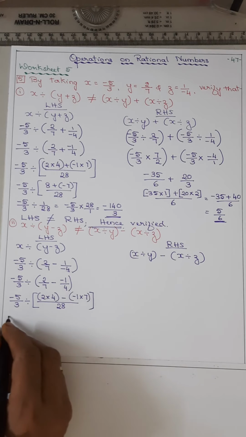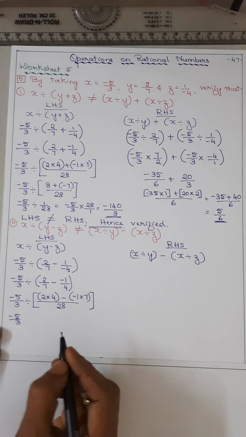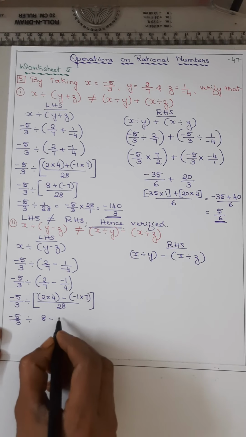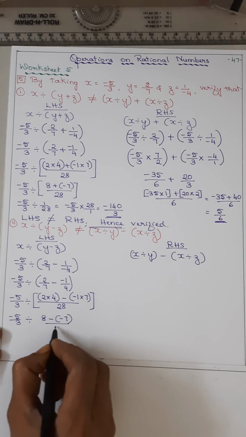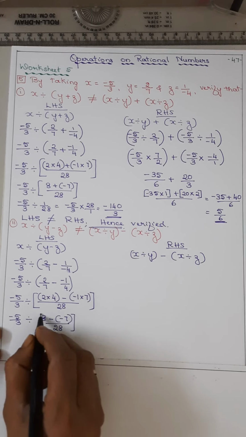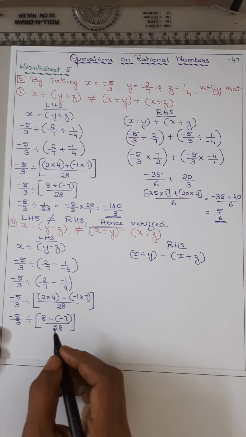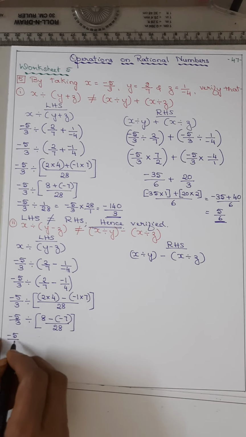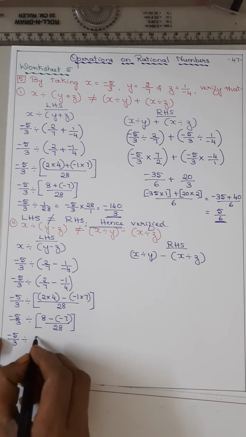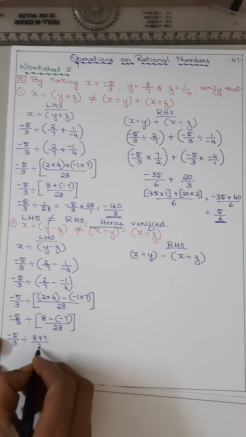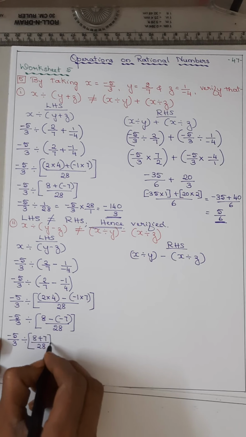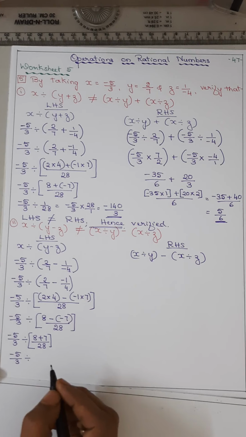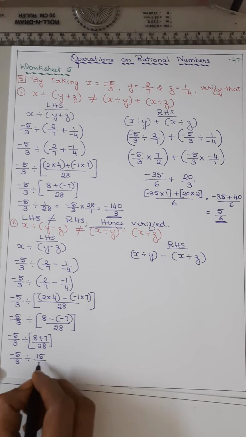Okay. So, minus 5 by 3 as it is divided by 8 minus 7 upon 28. That means it will be plus, isn't it? So, it is minus 5 by 3 divided by 8 plus 7 upon 28.